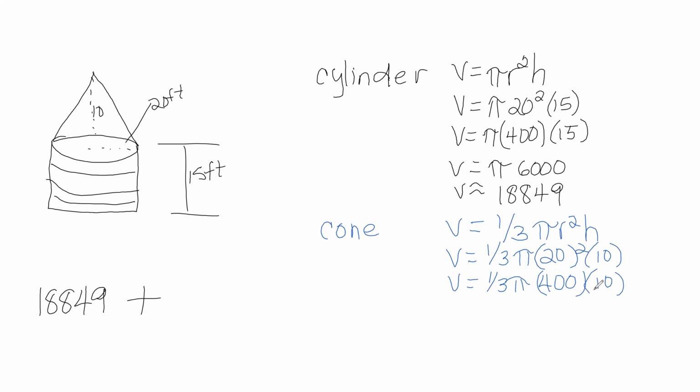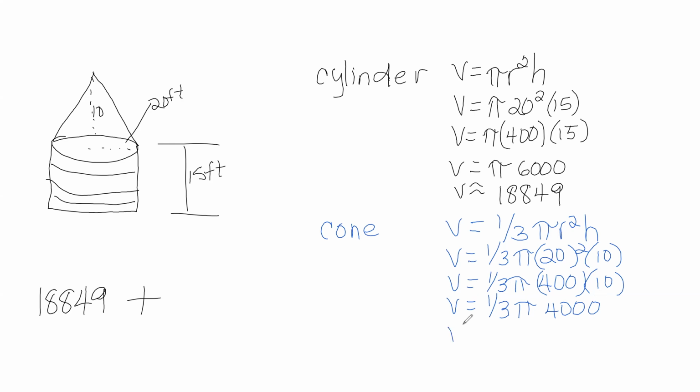So now you're just doing the order of operations. 20 times 20, we already did. It's 400. Now this time times 10. So now you have 4,000. And same thing, you're saying to yourself, times pi times 0.3333, however many threes you want to use.